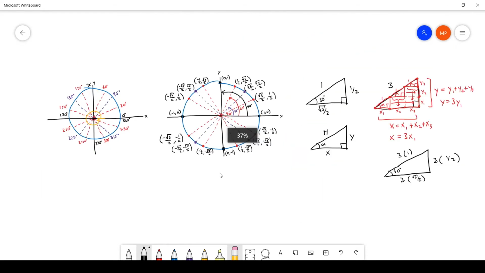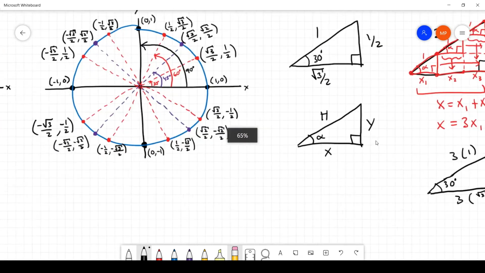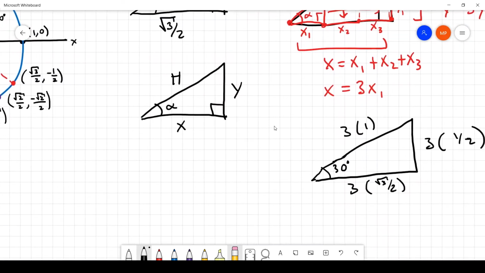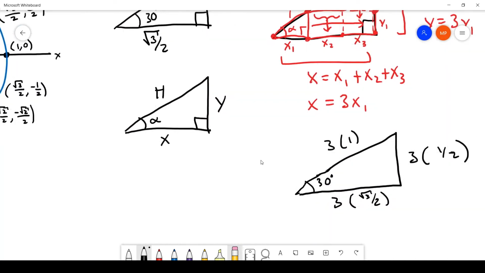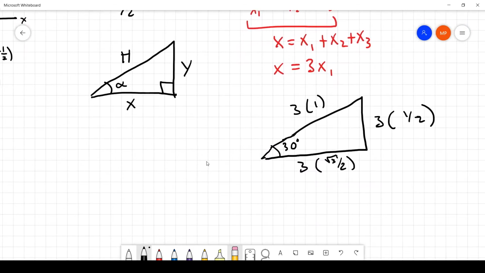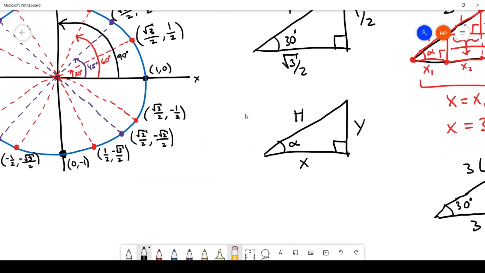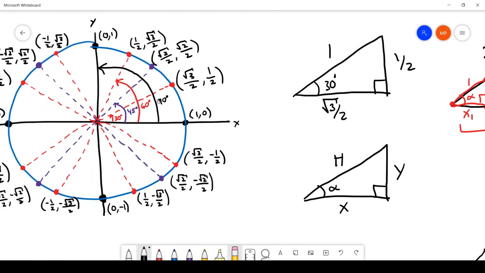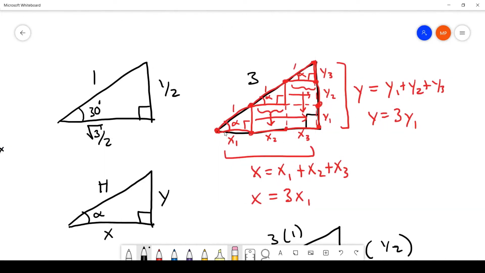And this can apply to really any triangle in which you have a hypotenuse, a y, and an x, in which you have this right angle. And so from this, we would then be able to use our unit circle here and apply it in this sense as we've seen here.